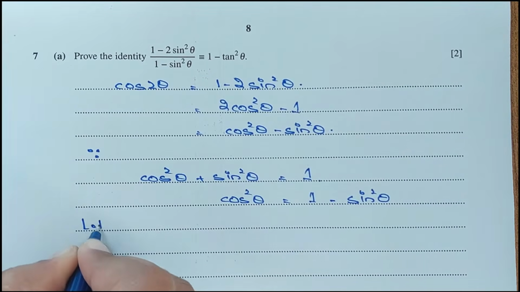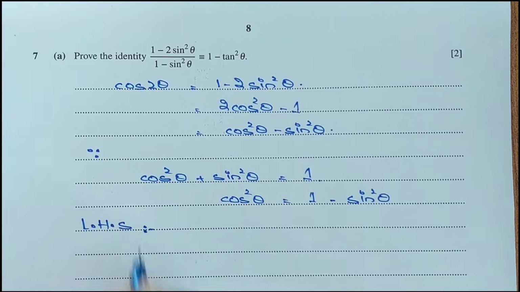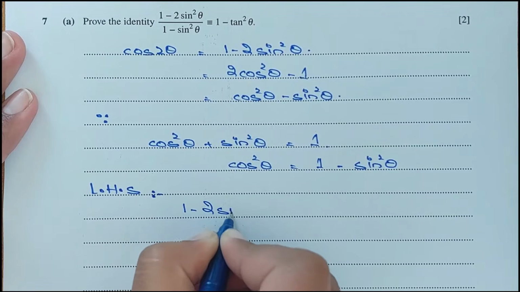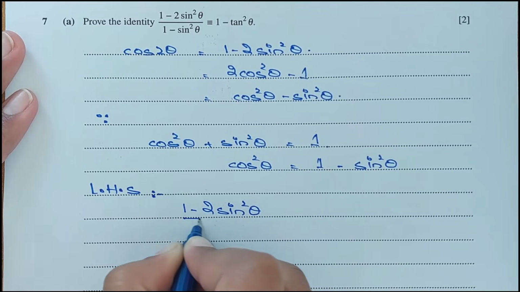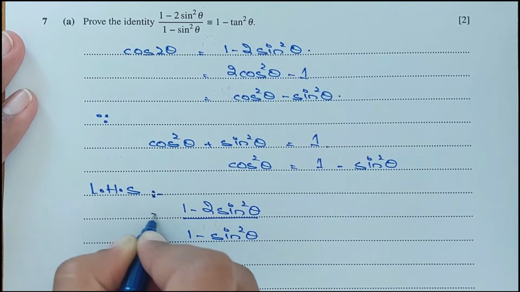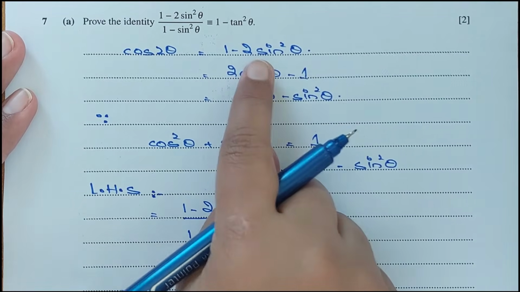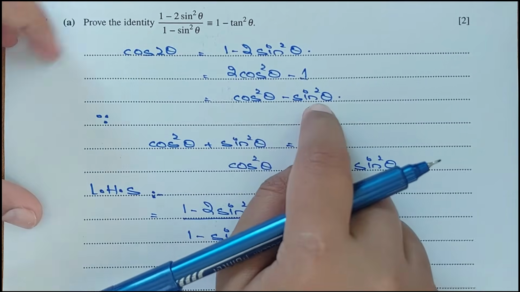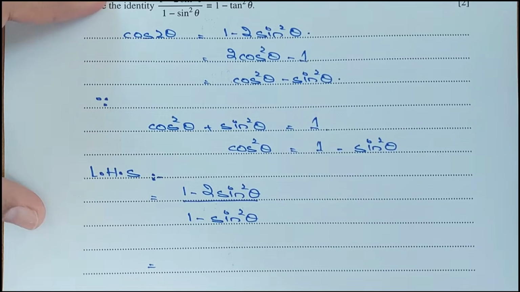Okay, so let me take the left hand side, right? We can say 1 minus 2 sine square theta over 1 minus sine square theta. 1 minus 2 sine square theta can be equal to this or this, but we have to use this one because we have to make 1 minus tan square, right?